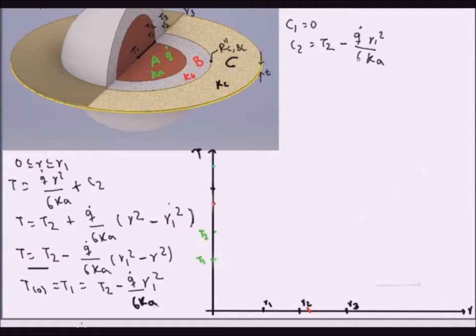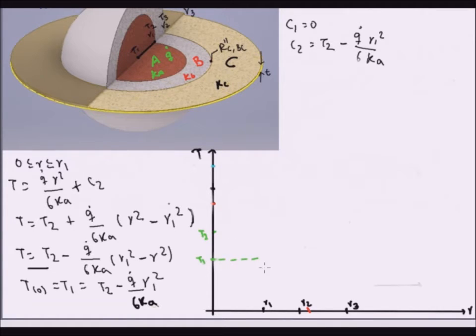Okay, so the last step to this problem is sketching the temperature profile. All sketching comes down to is your boundary conditions. We'll start with material A, for which we know the two boundary conditions and we also know the temperature profile. The first boundary condition was that we had an adiabatic center, so that means that the temperature at this point has a 0 slope, which we illustrate by a horizontal dashed line.